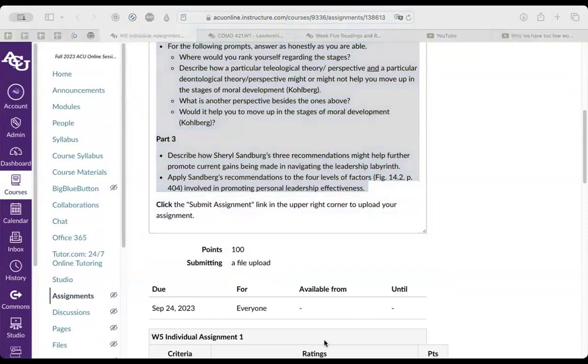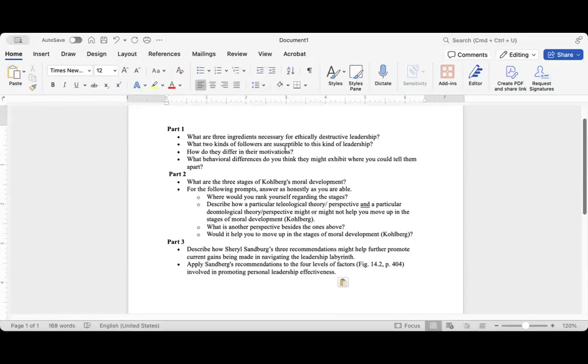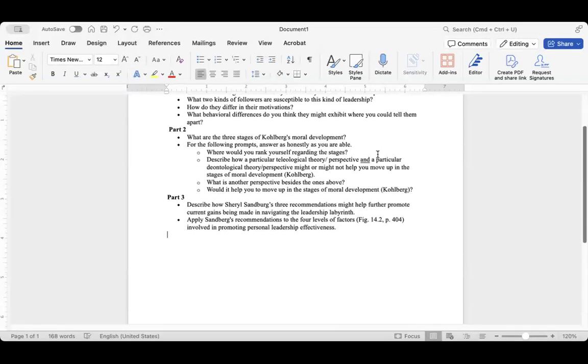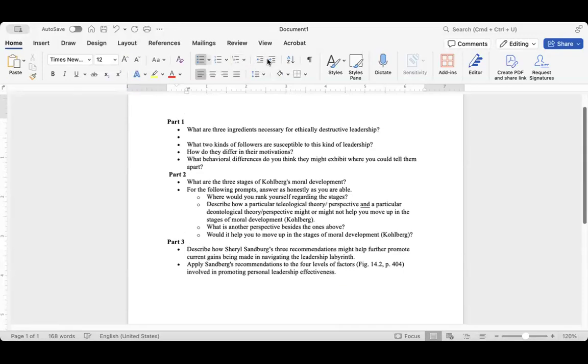So we could hop out and get our APA course paper template, but really the things that we're talking about now are going to be clear in any Word document, and we'll be able to see a little bit more if we're using single spacing here. So if you are answering a question like this, what are the 3 ingredients?